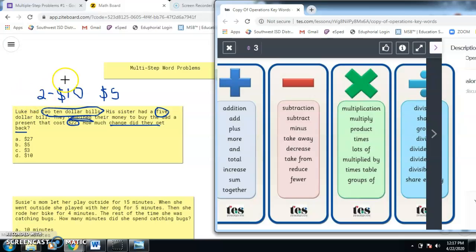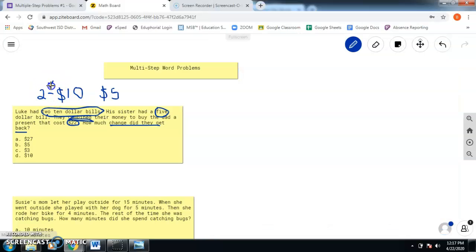What is 2 $10 equal? 2 times 10, right? Or 10 plus 10 gives us 20. So we know Luke had $20, and we know his sister had $5. Okay.